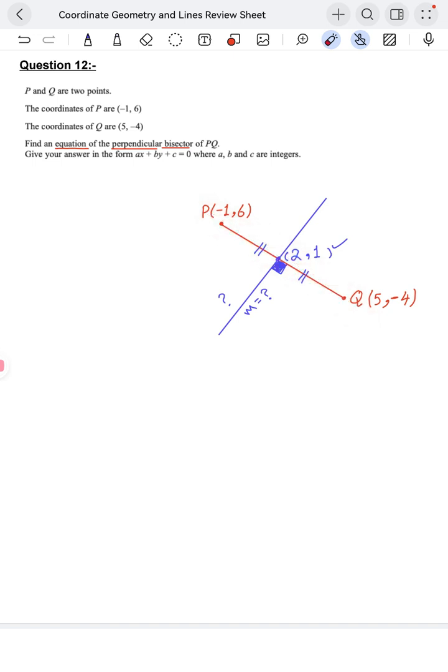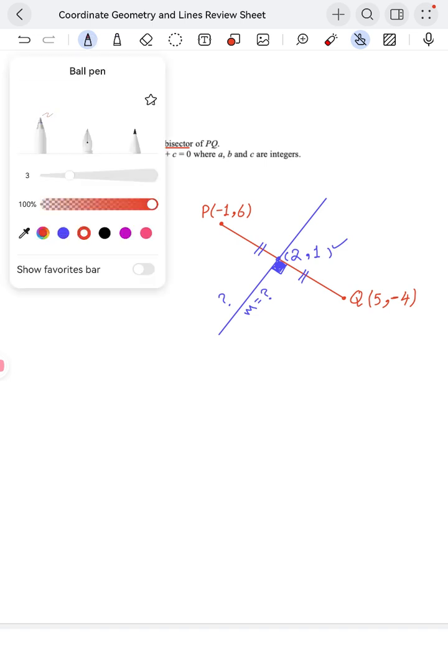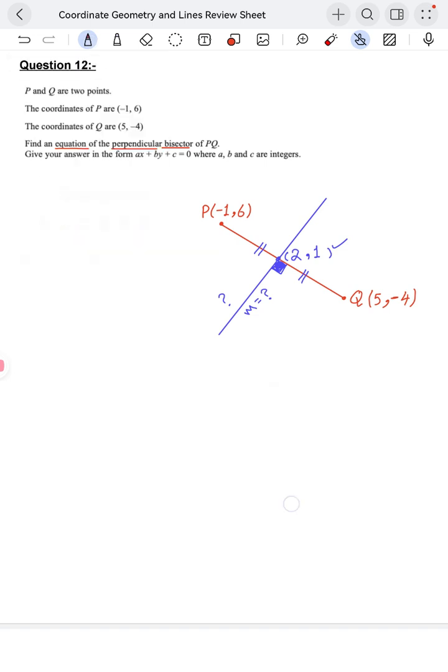The gradient is the difference in y over the difference in x: -4 minus 6 over 5 minus -1. -4 minus 6 is -10, over 5 minus -1 is 6.